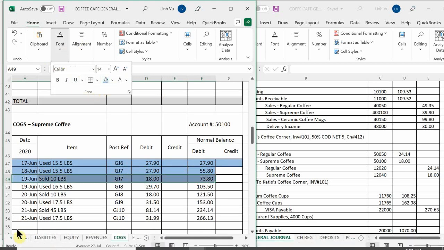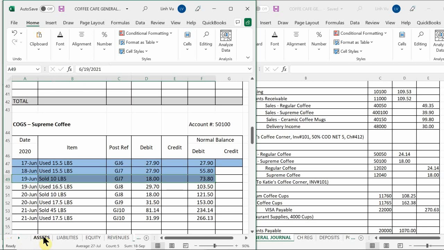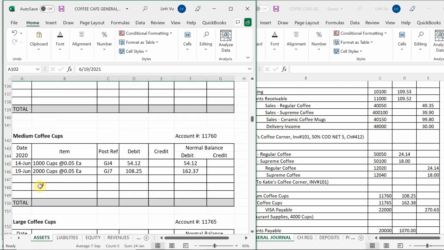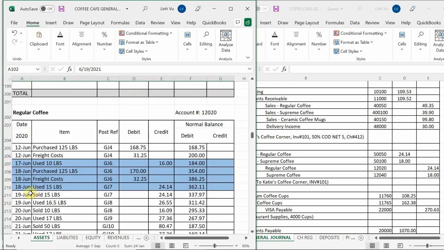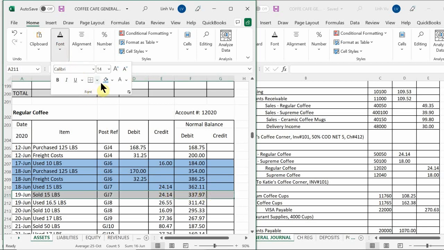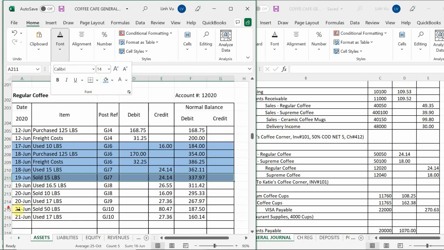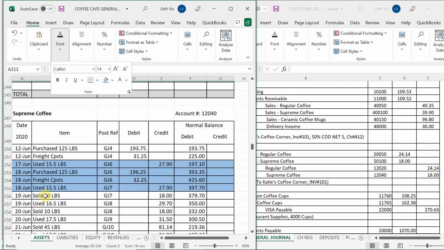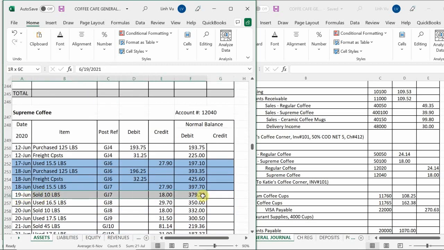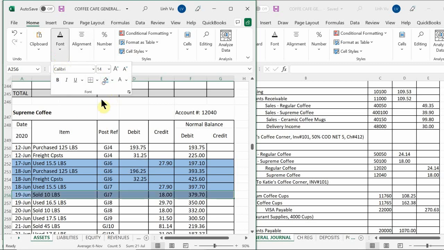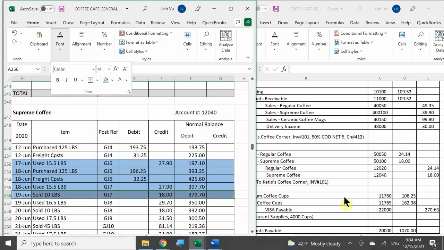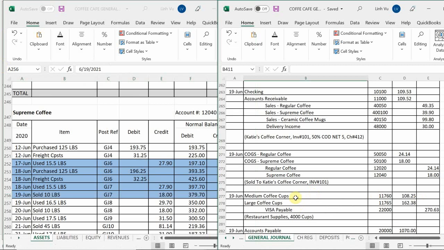Which affected our inventory. For the 24. And the 18. Okay. All right, let's see what's next.